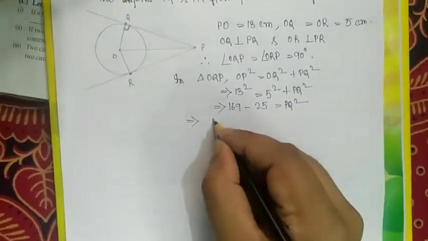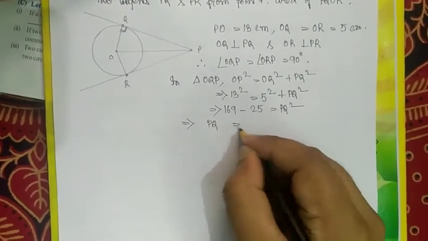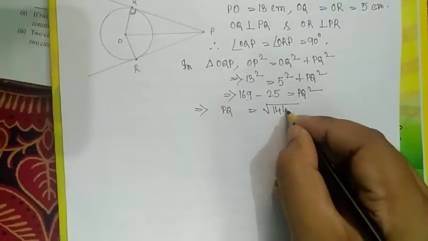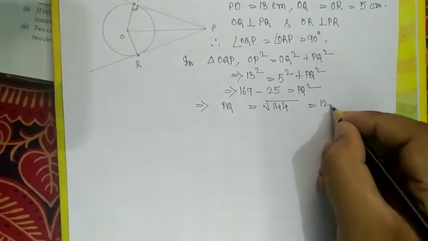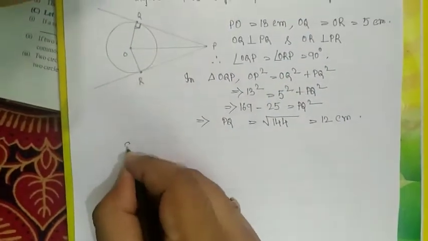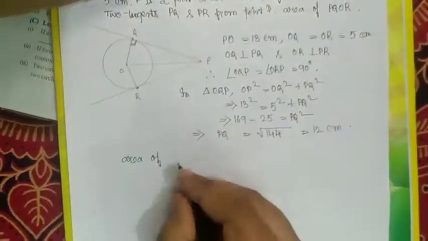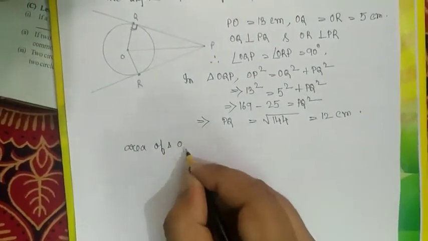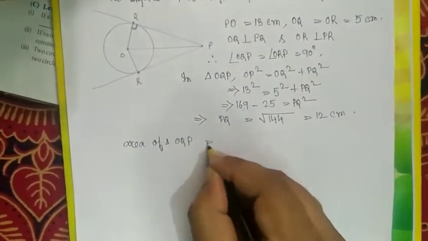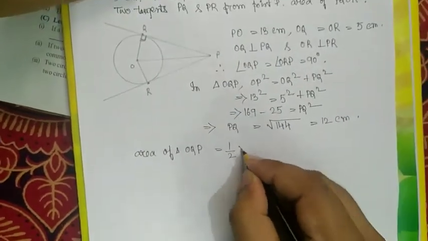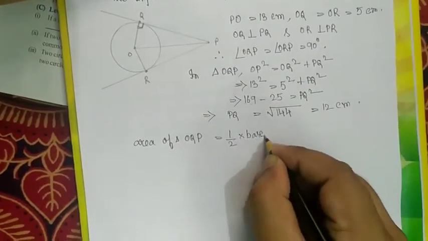So therefore the value of PQ equals root over 169 minus 25, which is 144, equal to 12 centimeter. Here we find the value of PQ. Now the area of triangle OQP equals, we know the area of a right angle triangle equals half into base into height.